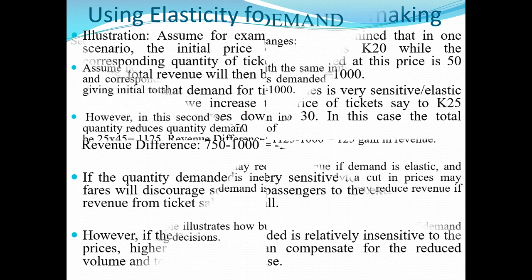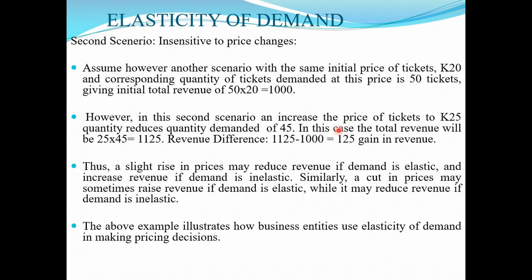But in the second case, yes, there's a reduction, but quantity demanded is relatively insensitive. So here the reduction in the second scenario is just 5 units, from 50 to 45. So that increase in price has actually compensated the reduction in the quantity.